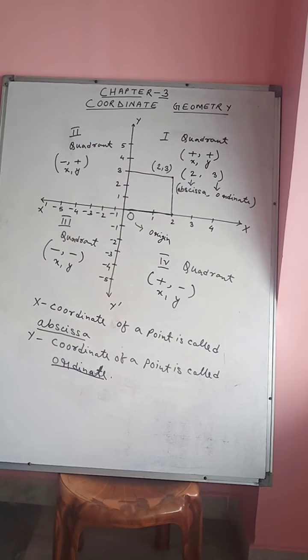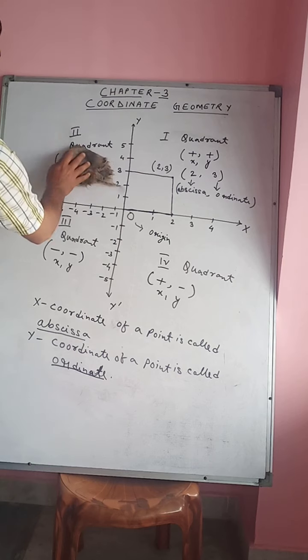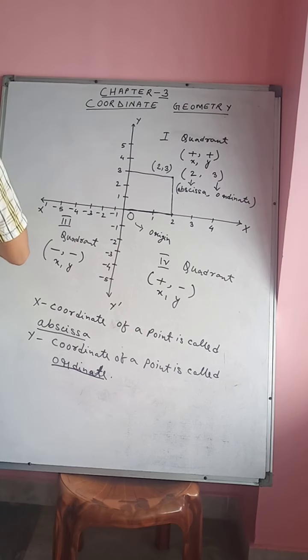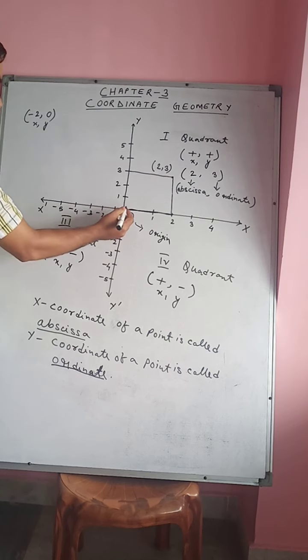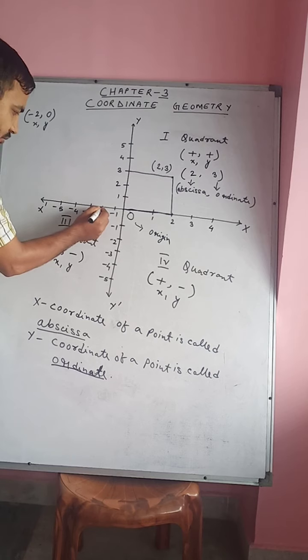Suppose I give you another point to locate, -2, 0. Now our abscissa is -2 and our ordinate is 0. That means we only have the value of x. So we will come up to x, -2.